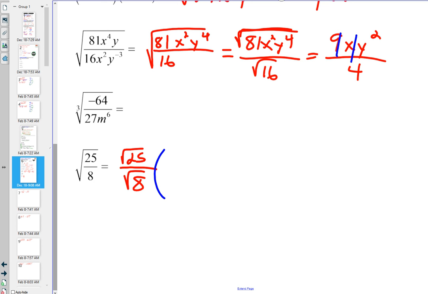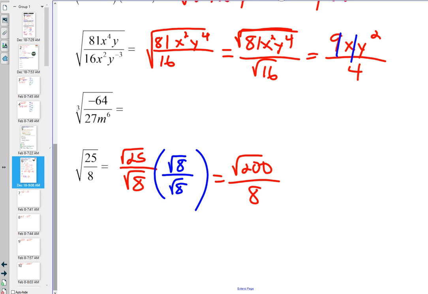The way you rationalize a radical is you multiply it by itself. On the top, I'll get square root of 200. On the bottom, I'll just get the regular 8. To help you out, the square root of 200 is 10 square root of 2. And then you can reduce it, let's get your 5 over 4. We're working on this one tomorrow.